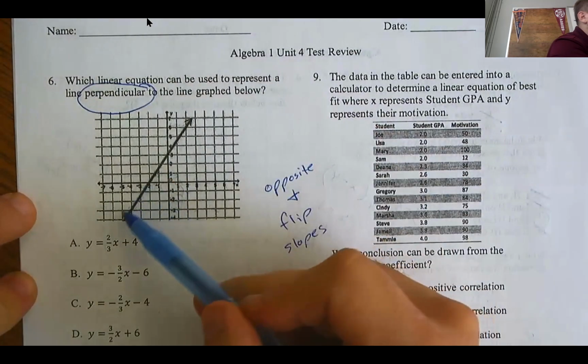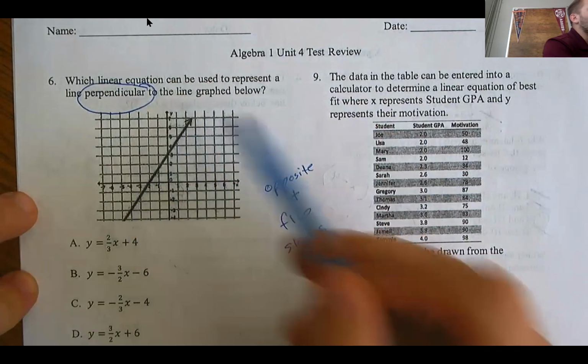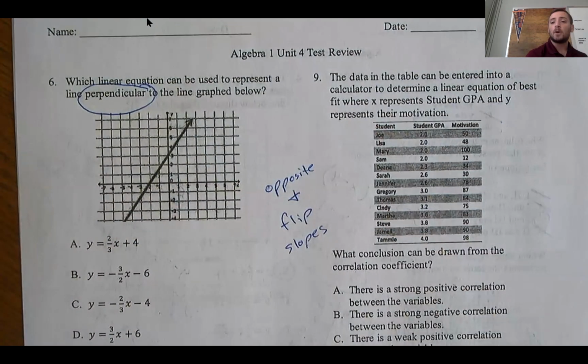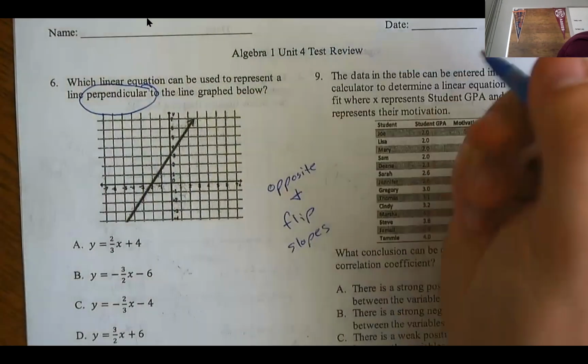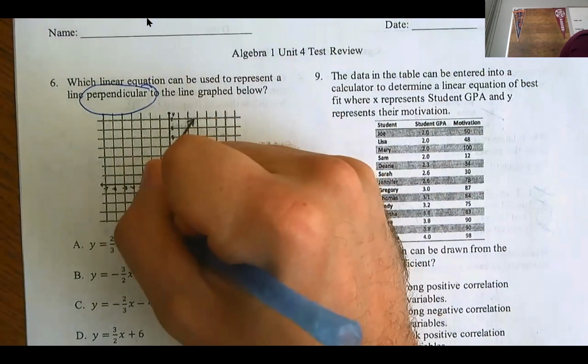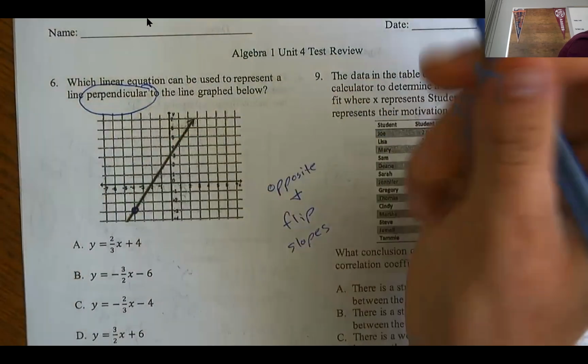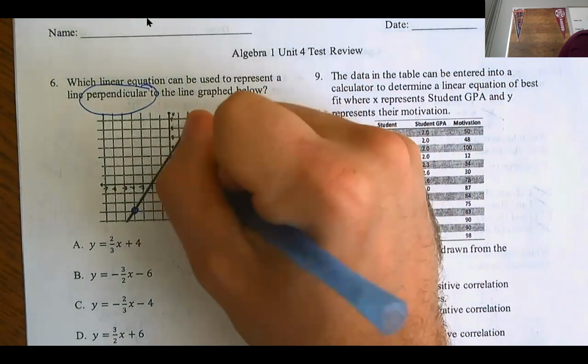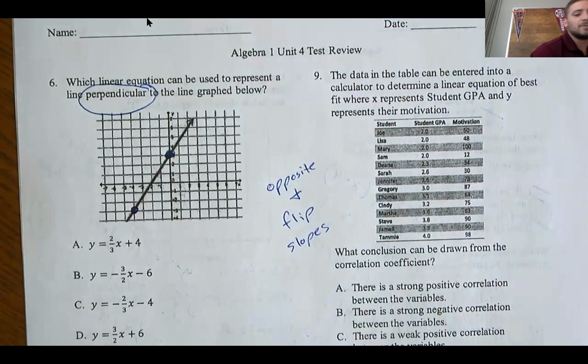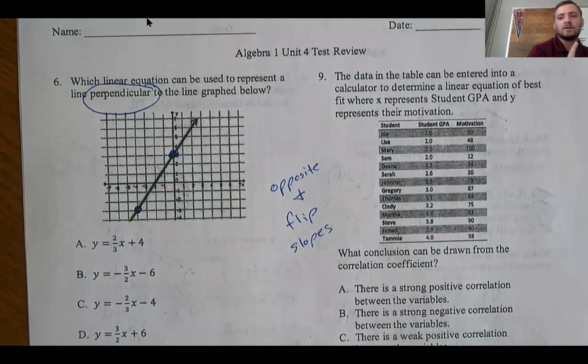So we need to figure out the slope of this line. That way we can find the slope of our perpendicular line. So let's find 2 points here. That looks like a point right there, and then that looks like a point right there. Maybe you guys pick different ones, but I just picked the ones I thought looked really close to the line.